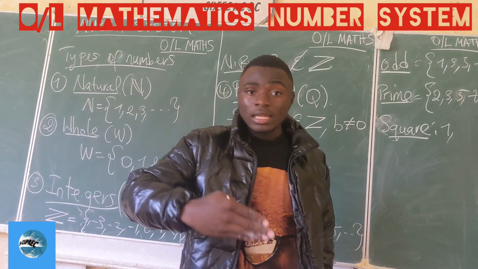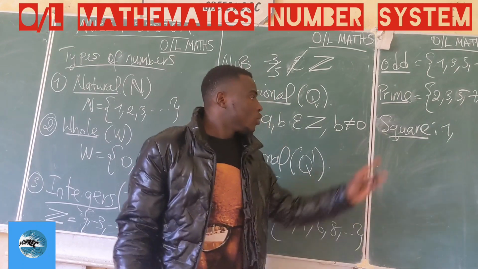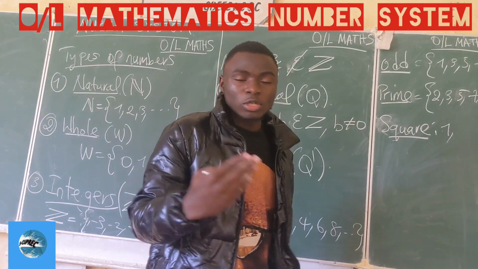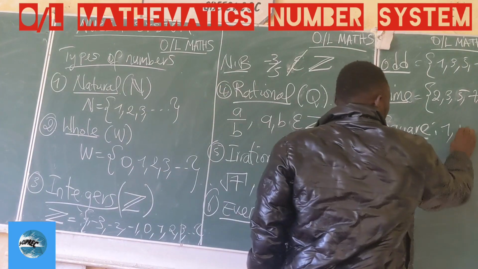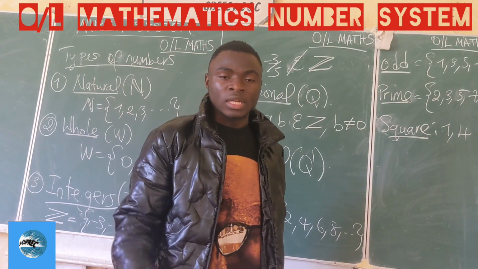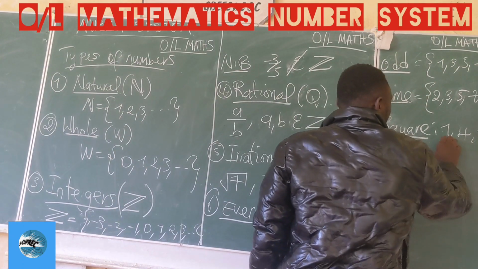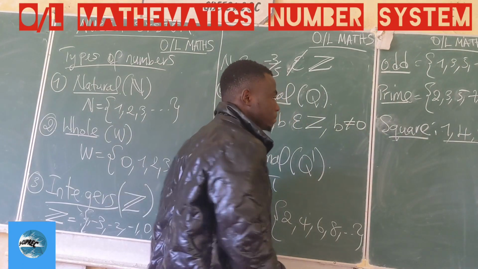A square number is that answer obtained when an integer is multiplied by itself. We go to 2. 2 times 2, multiply 2 by itself. The answer is 4. So 4 is a square number. Same thing, 3 times 3 is 9. So 9 is a square number. So that's how we get square numbers, okay?